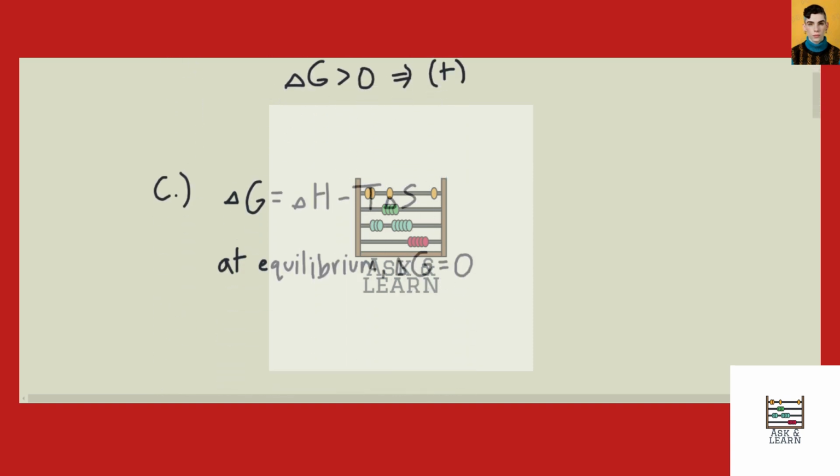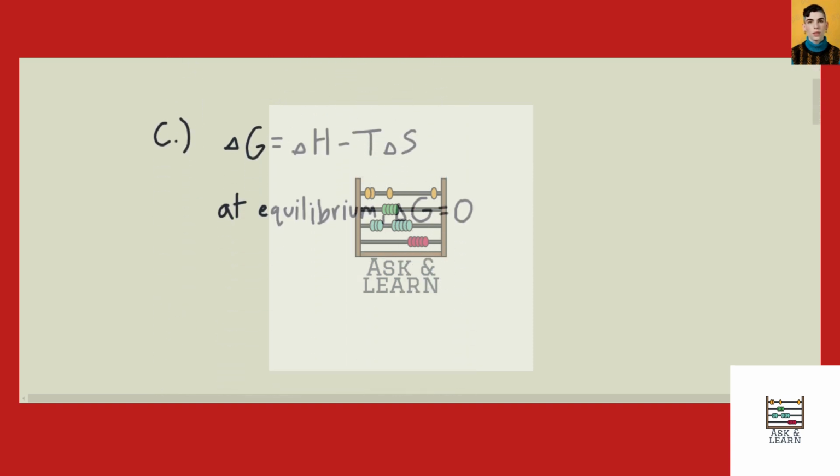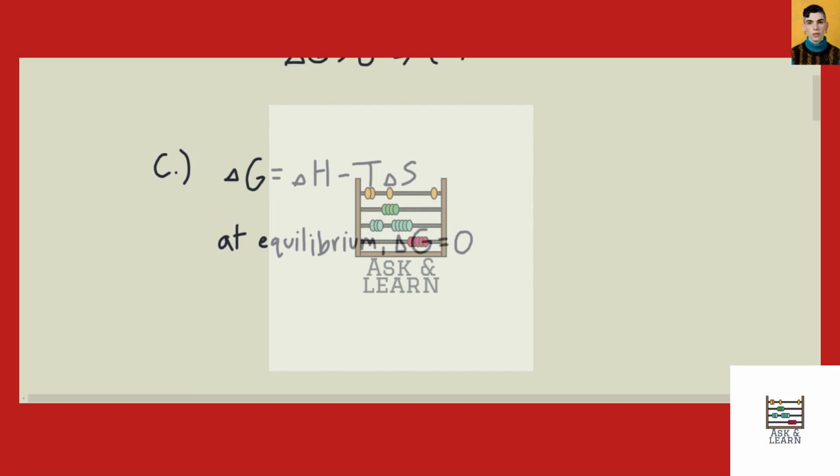And finally, for part C, we want to derive an expression for the temperature T in terms of delta H and delta S when this reaction is at equilibrium. Remember that when a system is in equilibrium, delta G equals 0.